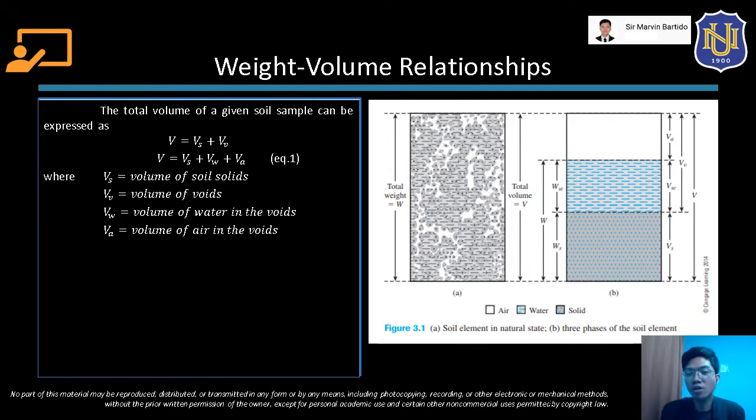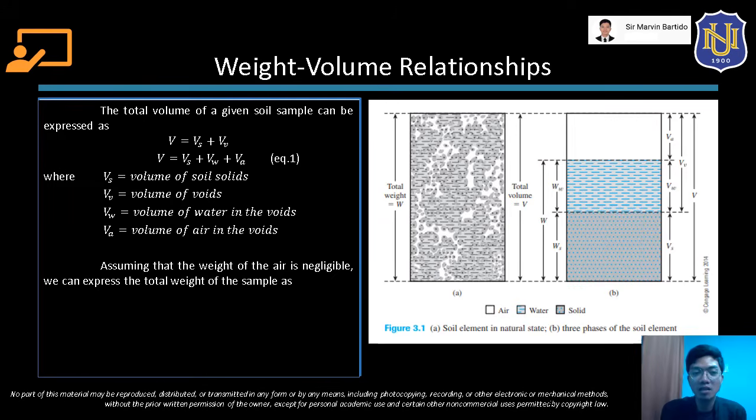Now for the weight of this soil element, the total weight of this soil element will be the weight of the solid particles and the weight of the water. In this case, there will be no weight for air.